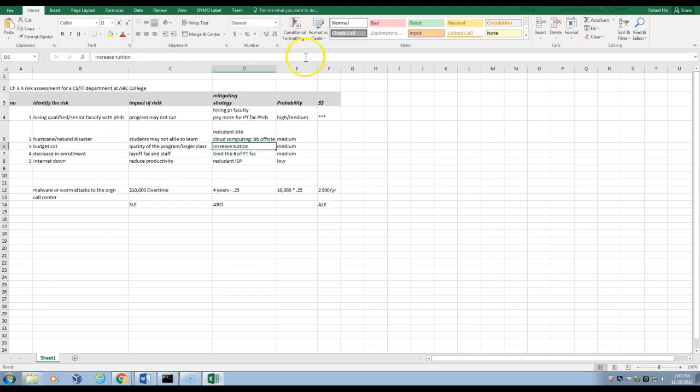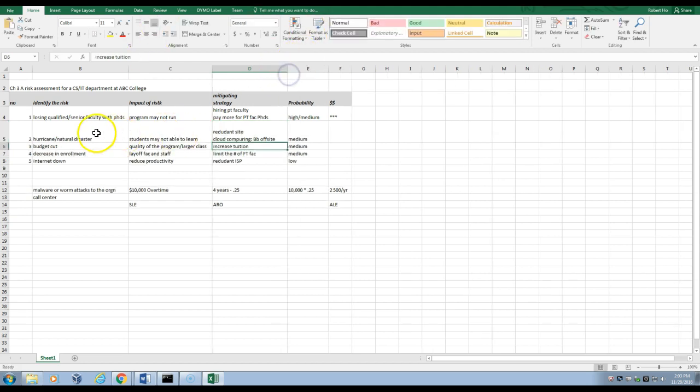So if something happens in the area of Corpus Christi, students are still able to access Blackboard. Why? Because the BB is located offsite. We outsource it, for example, the organization outsourced it offsite, maybe located in Chicago or Dallas. Okay, and the probability is medium.